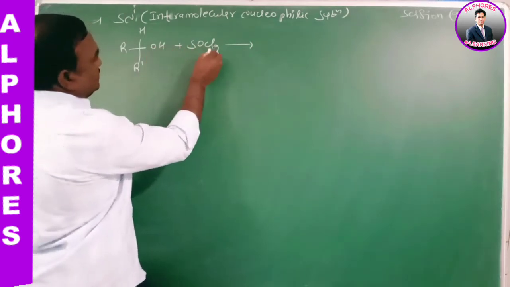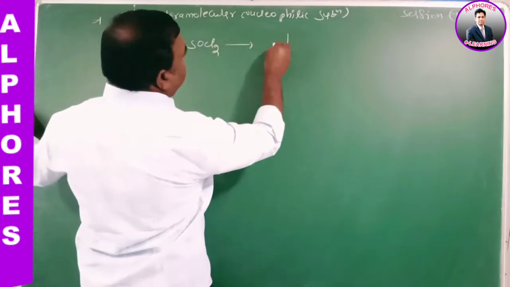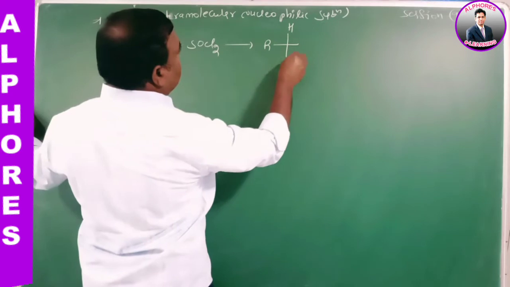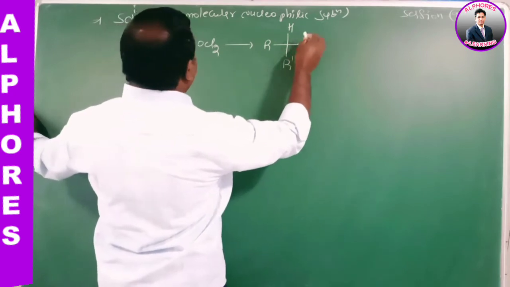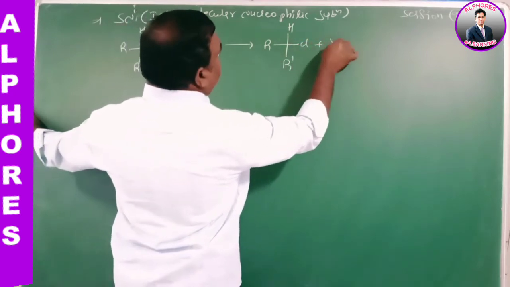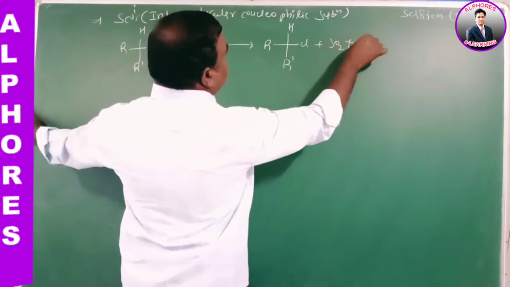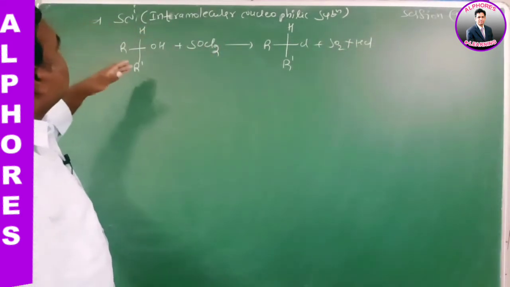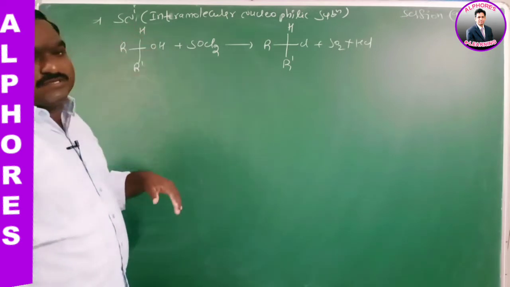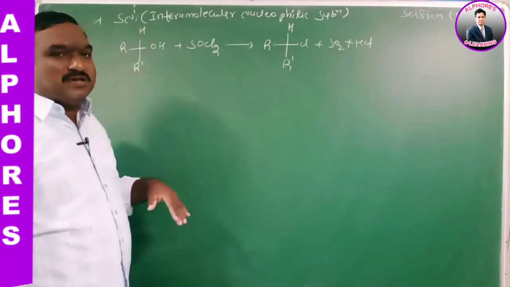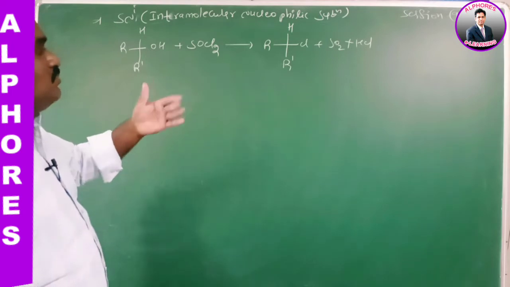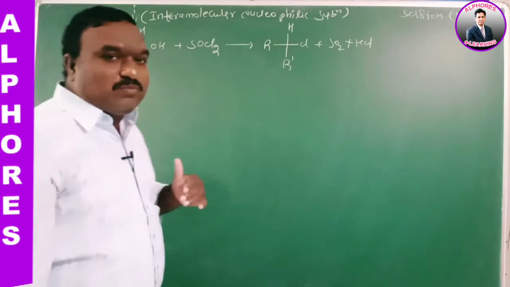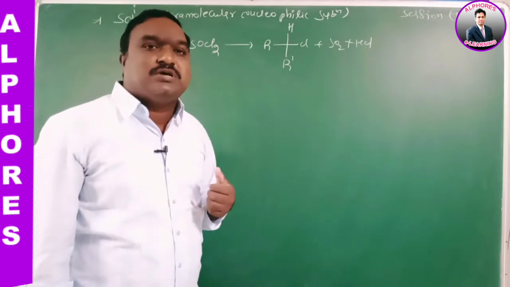OH is substituted by Cl, giving SO2 plus HCl. One of the best examples for SNi reactions. Retention product is important in intramolecular nucleophilic substitution reactions.